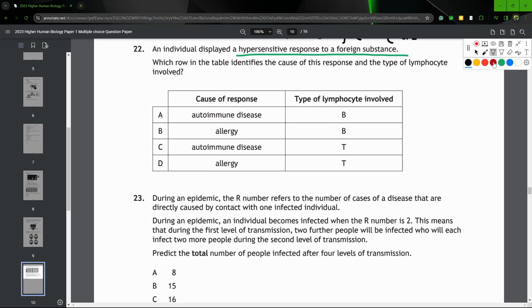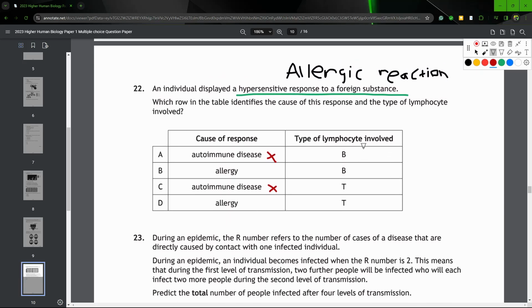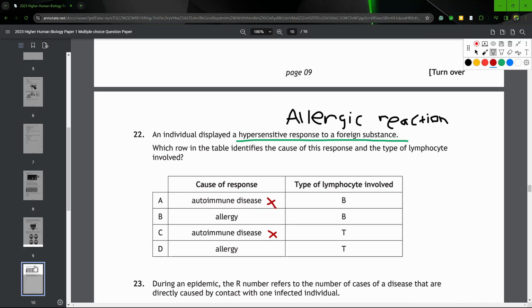So that means we can get rid of autoimmune diseases. Okay, so we're already down to B and D. Now, how is an allergy caused? Well, it's when B cells produce antibodies towards foreign substances that can be completely fine, but they have a sensitive response anyway.